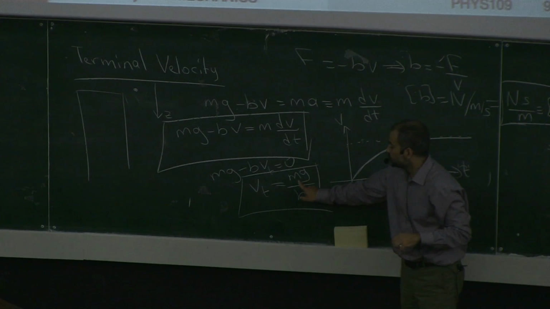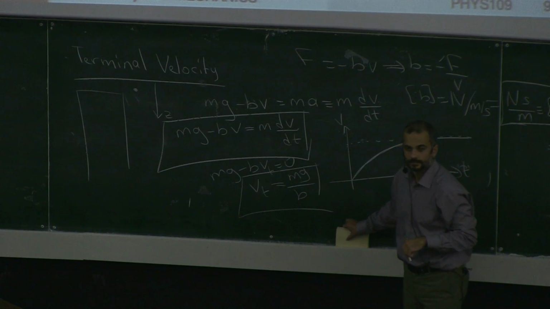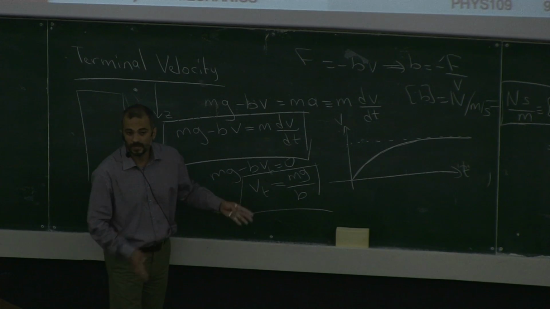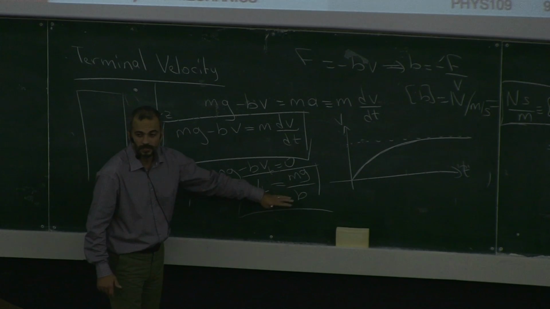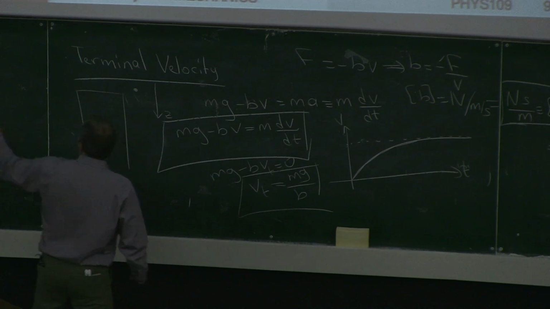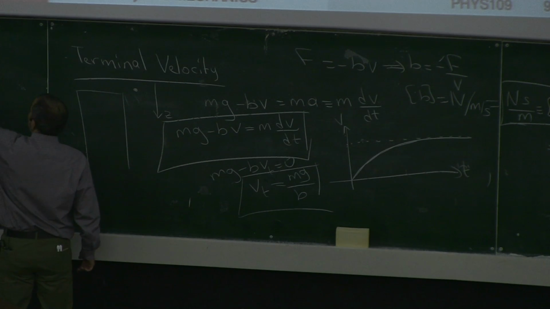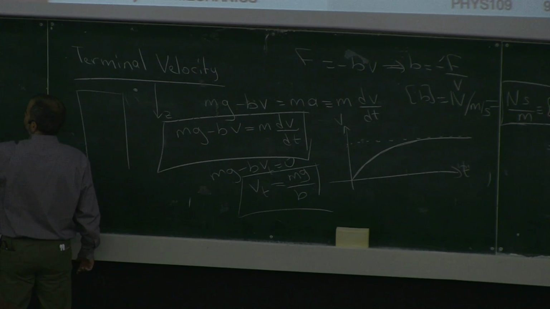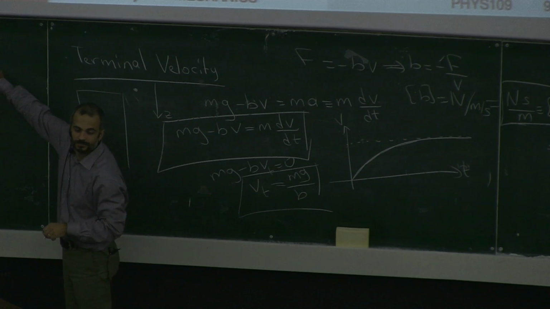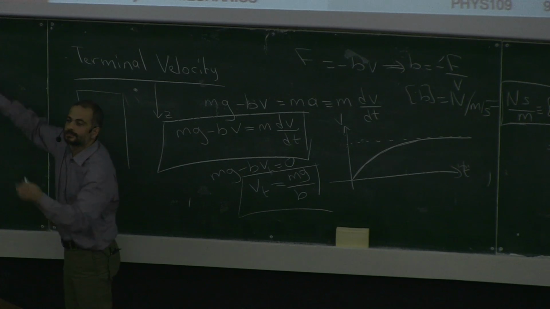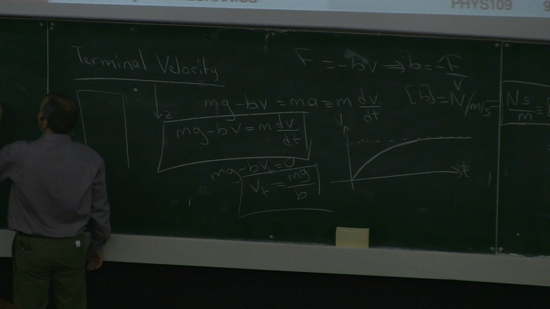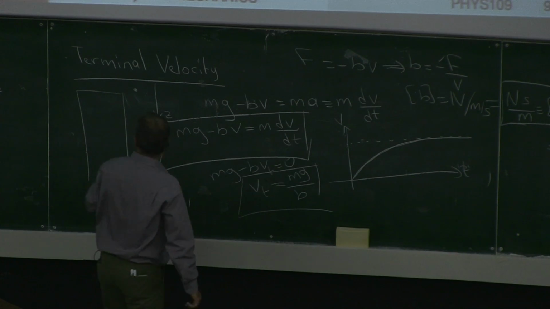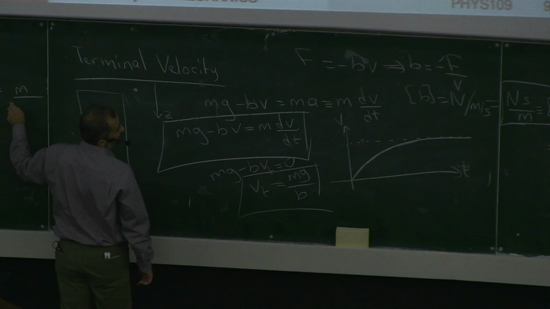Now let us check what is the unit of this mg over b. It should have the unit of velocity, meters per second, if we did everything correctly, and it will tell us whether we made some mistake or not. The unit of mass is kilogram. The unit of g is meters per second squared. The inverse unit of b, which we have over there, is meters per second.